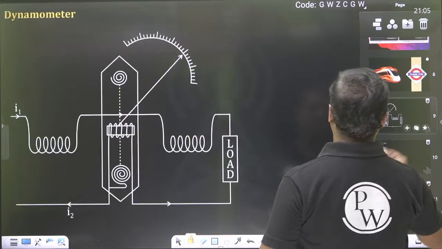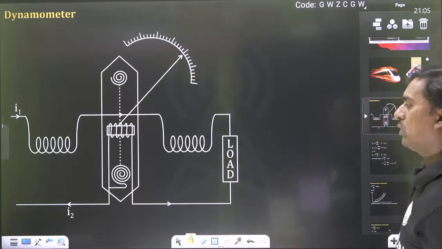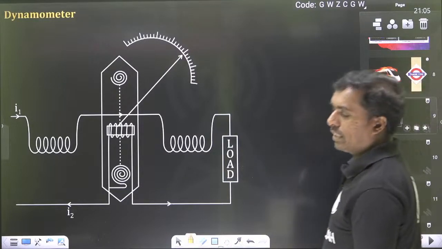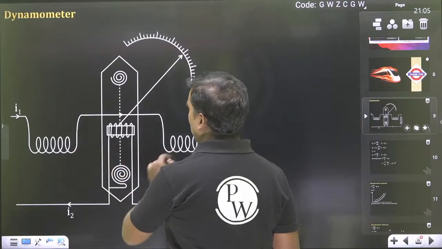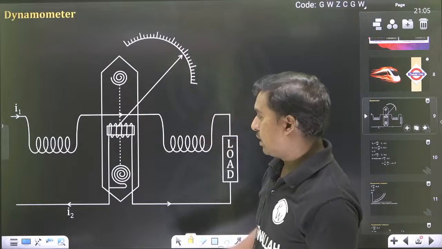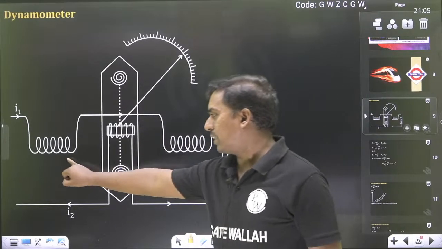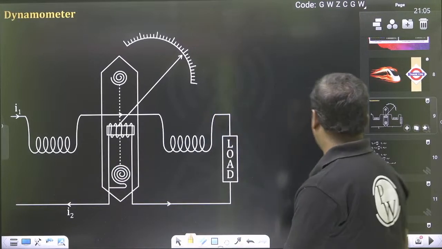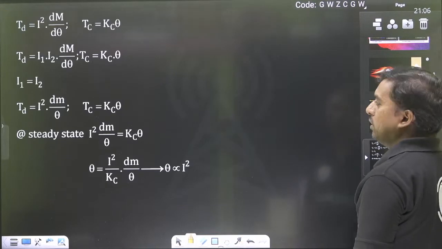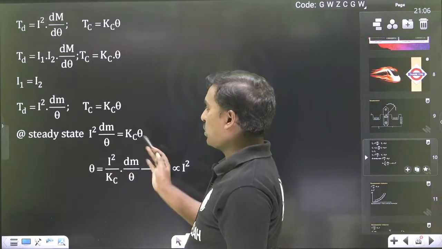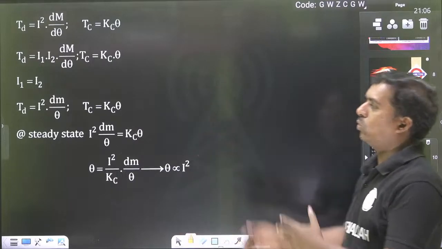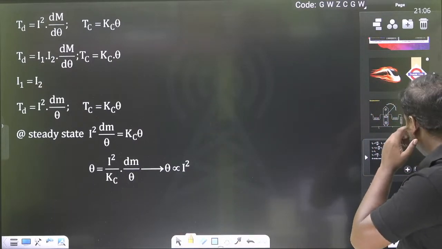So this was our basic fundamental diagram. Yesterday we have discussed. So dynamometer consists of one fixed coil split into two parts, and center में एक moving coil रहेगा. So these two are taken as current coils, and this is taken as a moving coil. So now if I am taking θ expressions, these all we have discussed yesterday. Just go through these slides. I think already I have forwarded the notes.